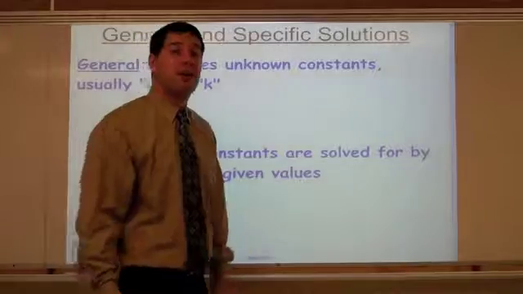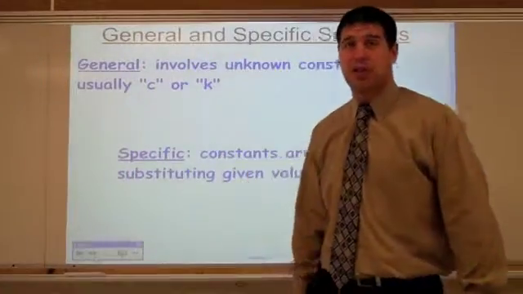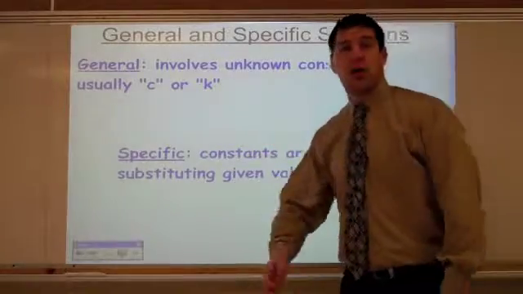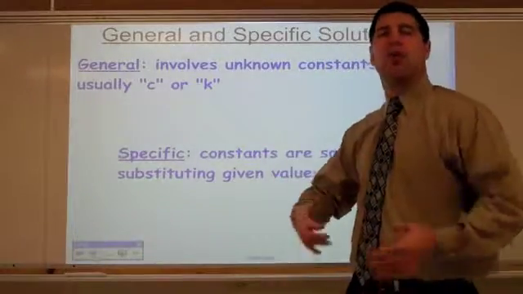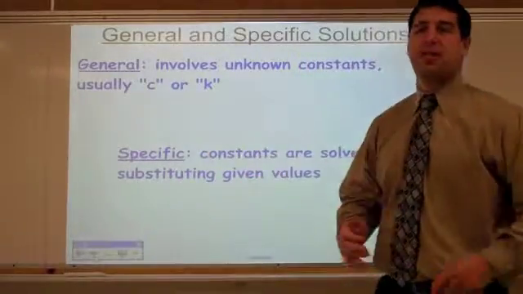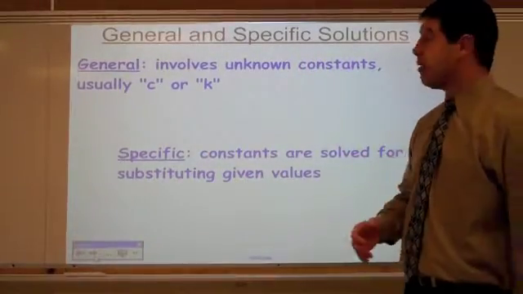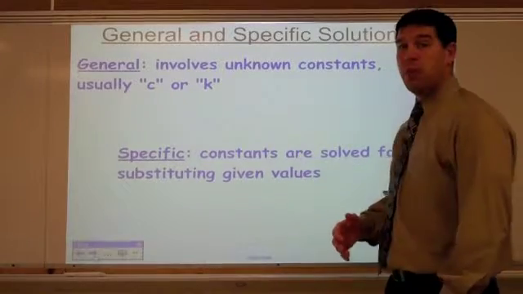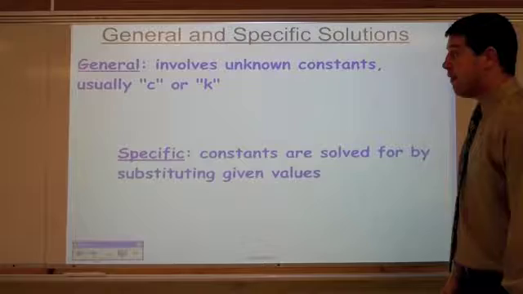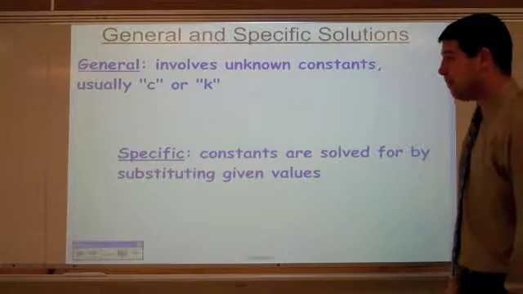Similar to antiderivatives, you have general and specific solutions to differential equations. The general solution is the one that stands for numerous solutions, and it involves unknown constants, usually represented with a c or a k, or in some situations you'll see it's represented with both c and k can occur in certain differential equation solutions.